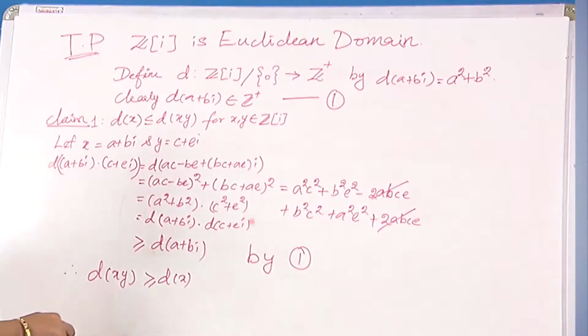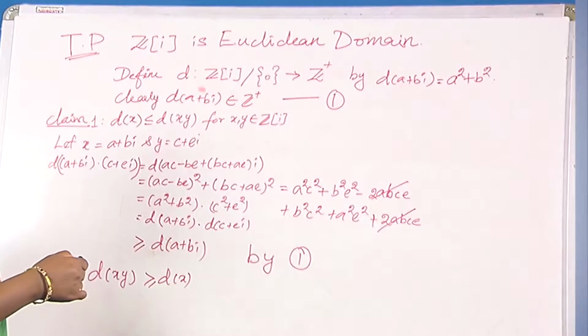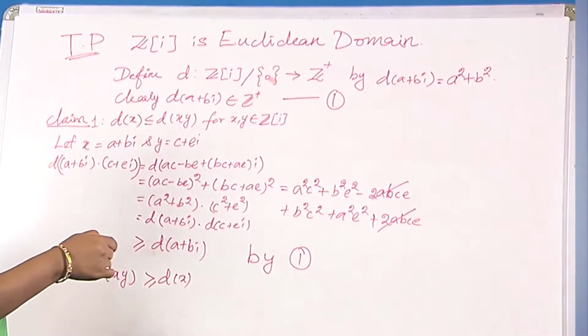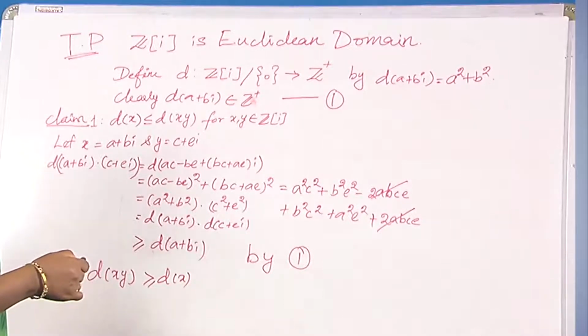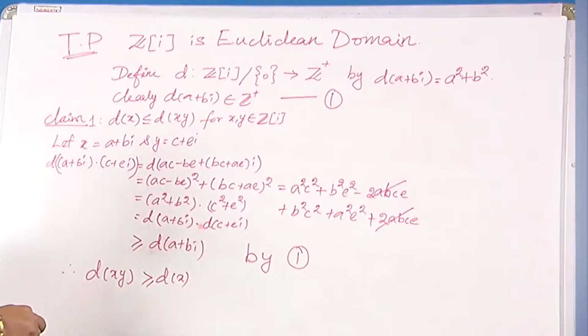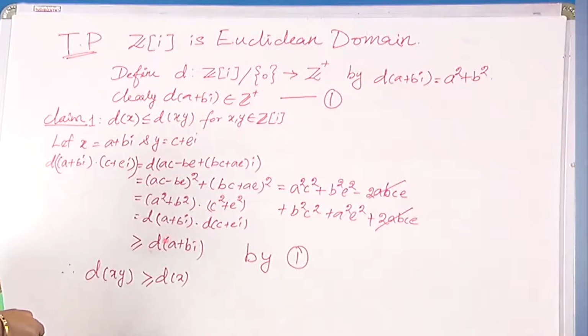And this is a positive integer. We have already said that the function is defined in such a way that it goes from here to Z plus. So, the codomain is the set of positive integers and d of A plus iB is a positive integer, and therefore, when we leave out this term, obviously the scales are tilted and the right hand side becomes lesser.